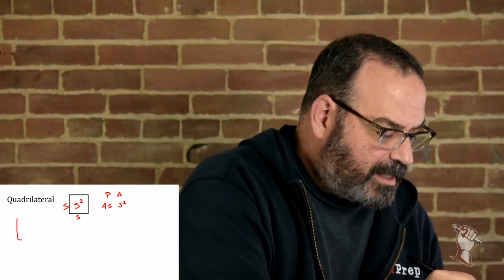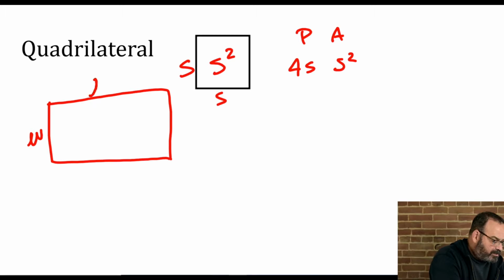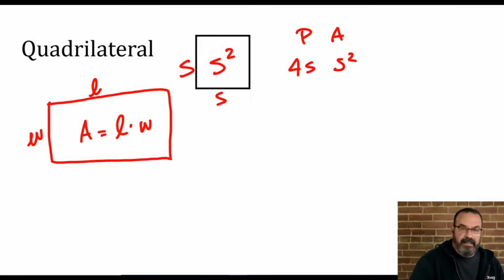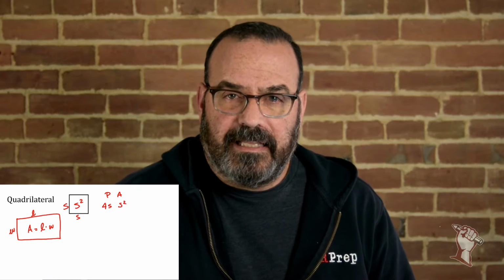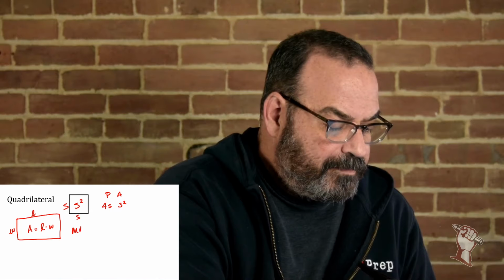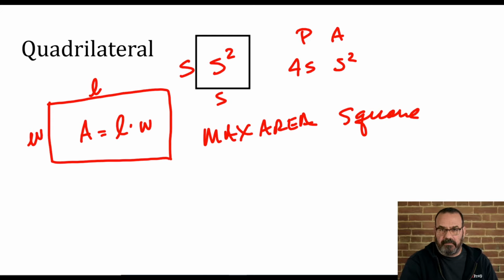What other things they have are rectangles. This will be width and this will be length. The area of a rectangle is equal to length times width. If they give you the perimeter of a quadrilateral or a rectangle and they say the maximum area, the max area of a quadrilateral is a square. Let's prove it. Let's say the perimeter is going to be 8 times 4, 32.